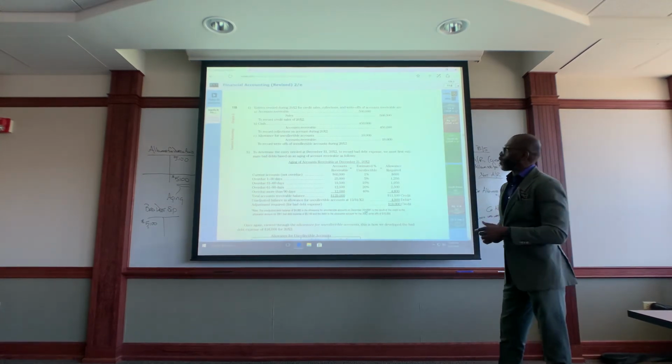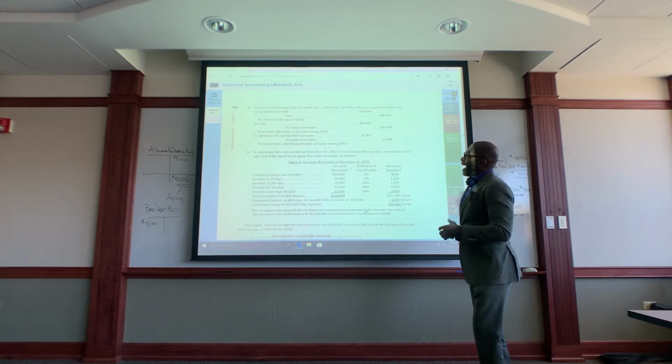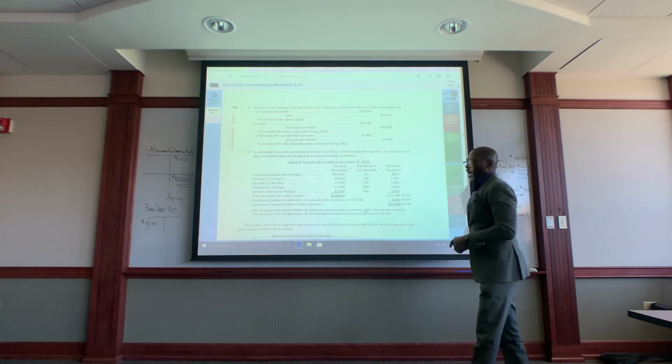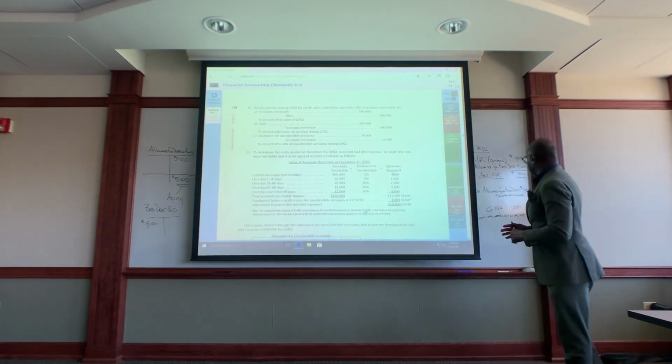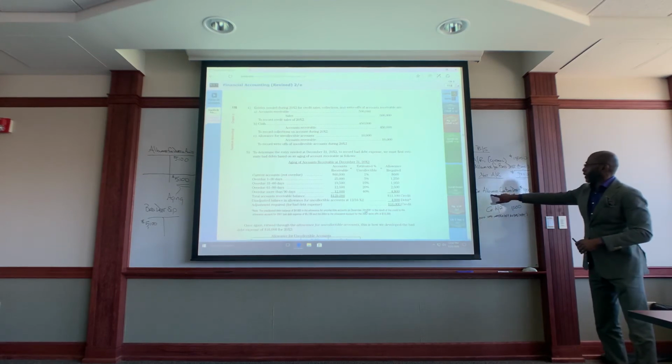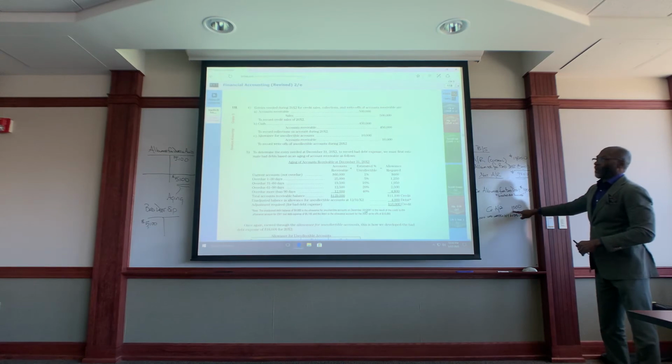That happened in the normal course of business. And then we wrote off $10,000. Under the allowance method, as I mentioned to you earlier, when you write it off, you go right to your allowance account and debit it, and you credit the account receivable.